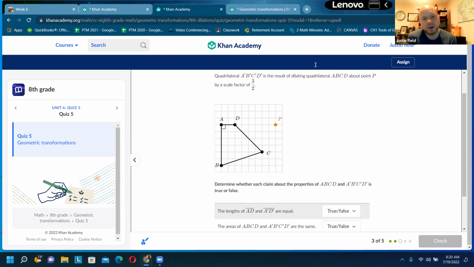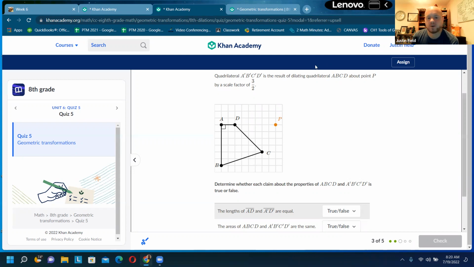Quadrilateral A prime, B prime, C prime, D prime is the result of dilating quadrilateral ABCD about point P by a scale factor 3/2. Determine whether each claim about the properties of ABCD and A prime, B prime, C prime, D prime is true or false.